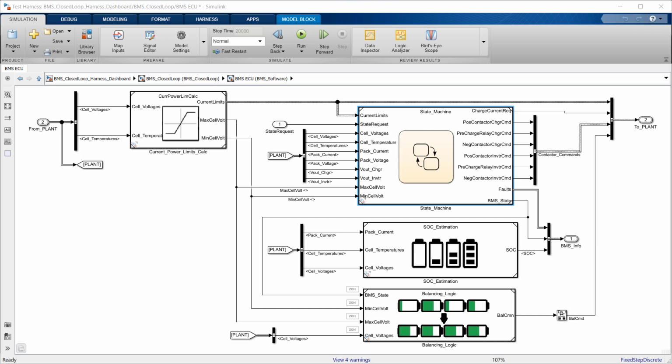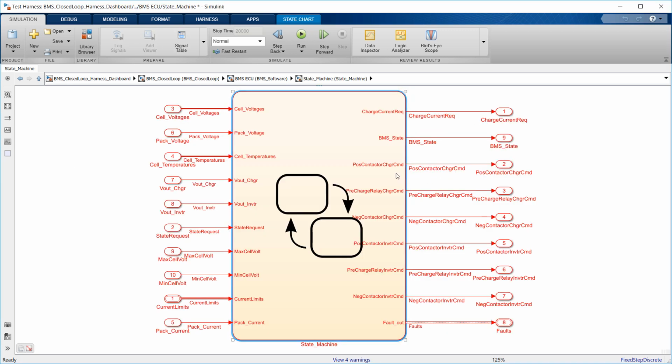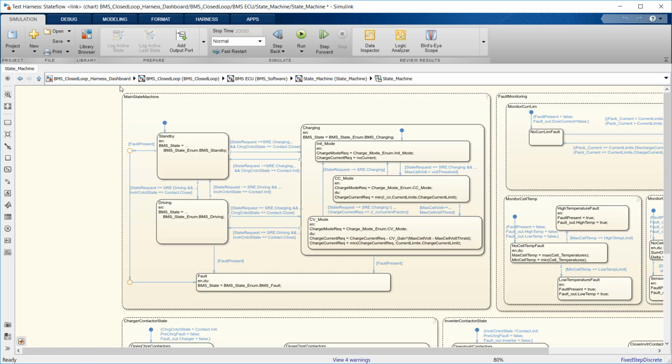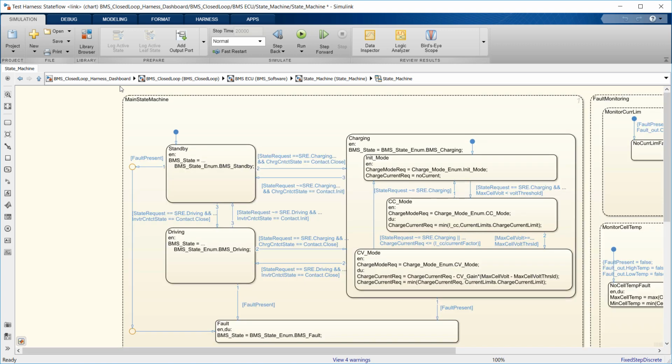The subsystem labeled state machine defines the main operating state of the BMS. The state machine comprises 4 parallel states. The first one defines the variable BMS state, which indicates standby, driving, charging, and fault. Charging comprises constant current and constant voltage stages.